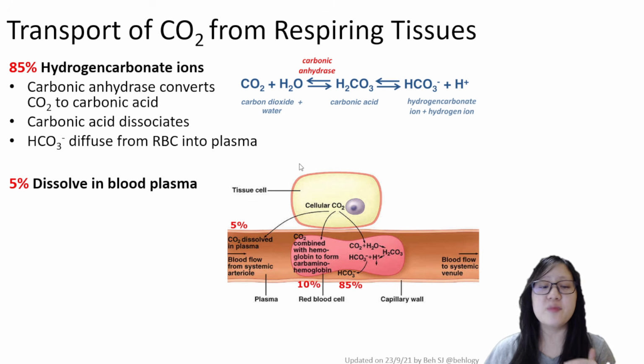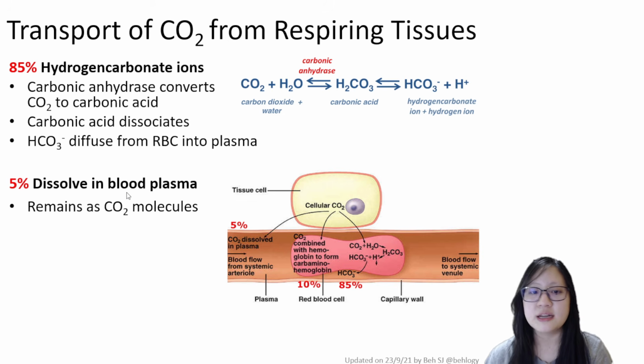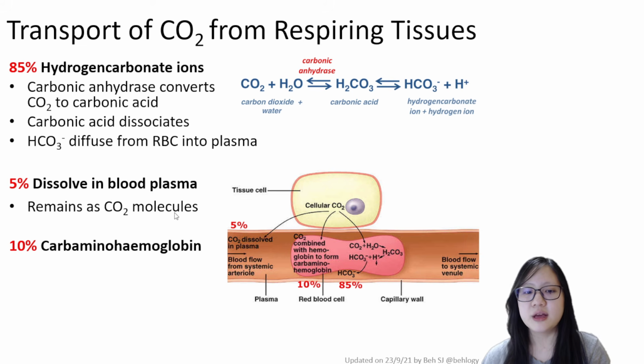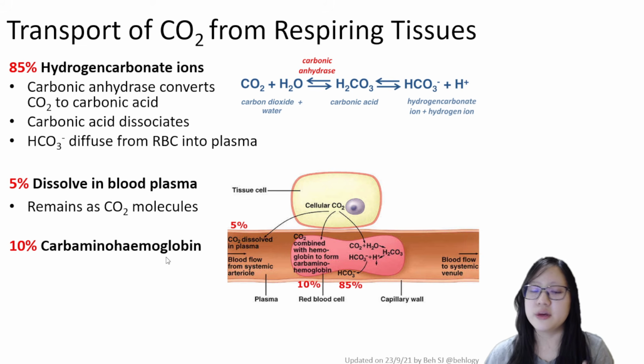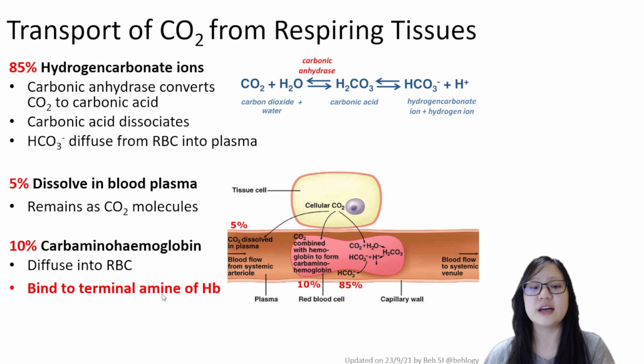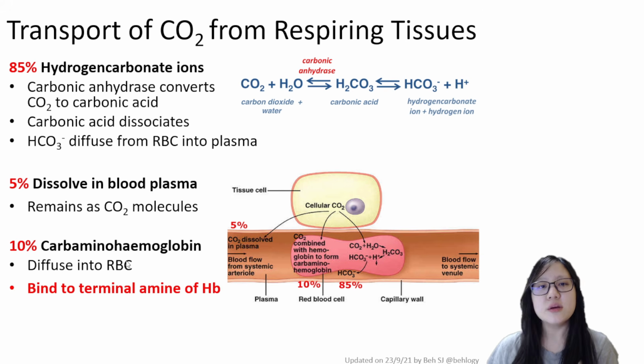However, 5% of the time, carbon dioxide can dissolve directly into the blood plasma and remain as CO2 molecules in the blood plasma, just a dissolved one. And 10% of the time, carbaminohemoglobin can form. CO2 can directly diffuse into a red blood cell and directly bind to the terminal amine of the hemoglobin molecule. Again, the hemoglobin molecule is a protein.